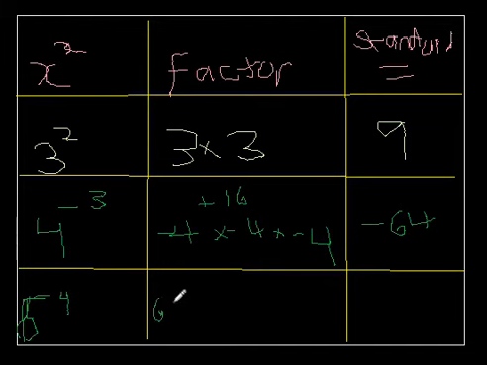So 6 times 6 times 6 times 6. 6 times 6 is 36. 36 times 6 is 216. 216 times 6 is 1,296. That was a big one.